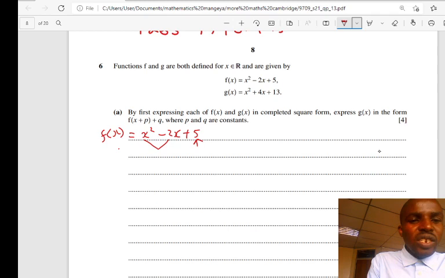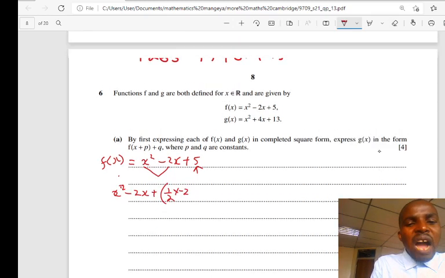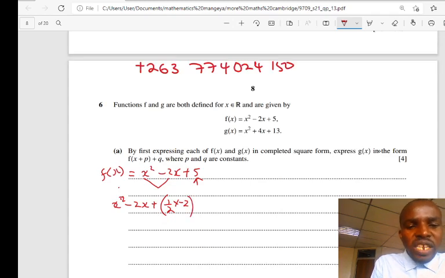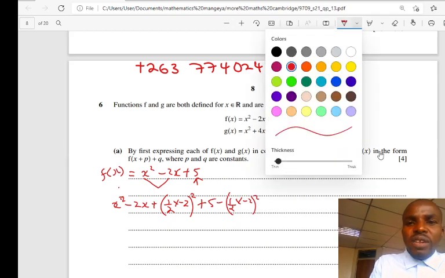So to x squared minus 2x, you add half the coefficient of x squared. The coefficient of x is minus 2. Half the coefficient of x, which is 1 half times minus 2, then squared. Then to this 5, you subtract the same, half the coefficient of x, then squared, like this.